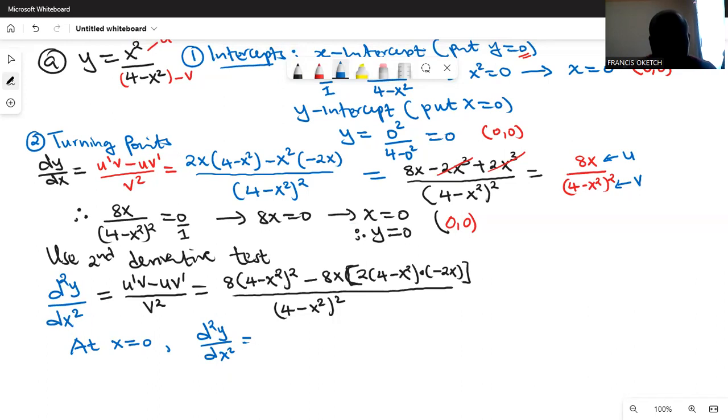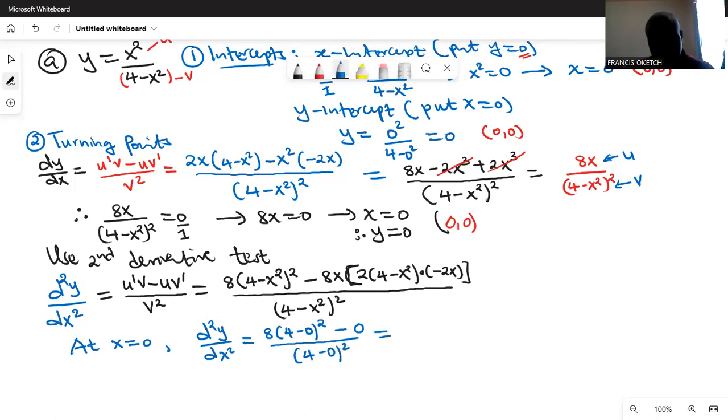If I put x as 0, I'll have 8 into 4 minus 0, and this is supposed to be squared, minus 8x, x is 0, so the whole of that term will be 0, over 4 minus 0, and this is squared.